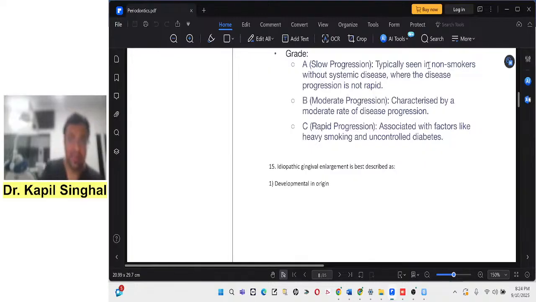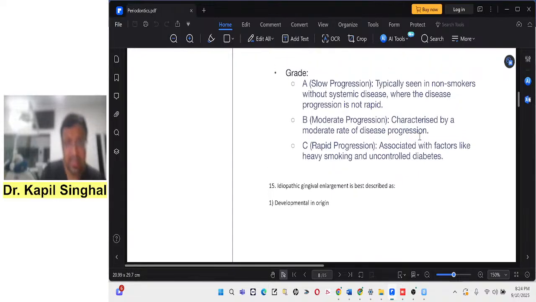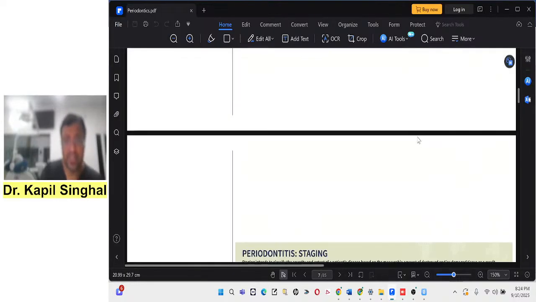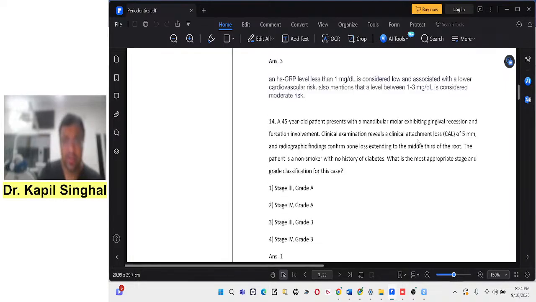In A progression, the patient is a non-smoker with no diabetes and no systemic condition. B is mild smoker and mild diabetes, and C is when the patient is a heavy smoker, 10 cigarettes or more, and has uncontrolled diabetes. So right now our question says the patient is a non-smoker and has no history. So it is grade A. So my answer could be stage 3 grade A or stage 4 grade A.